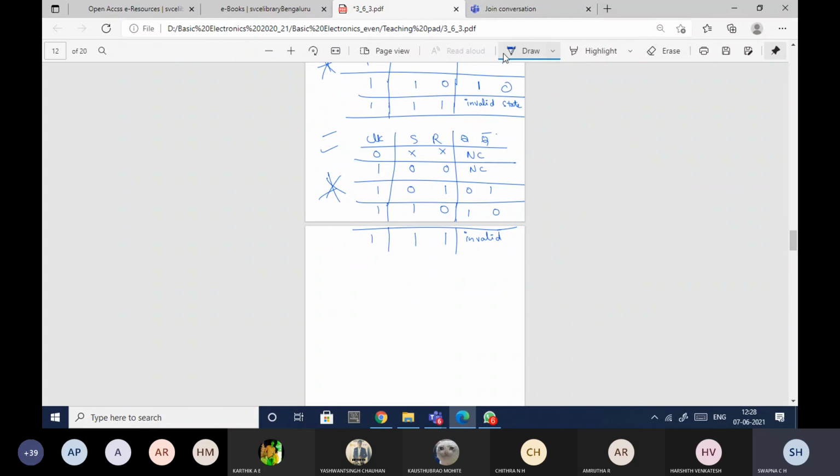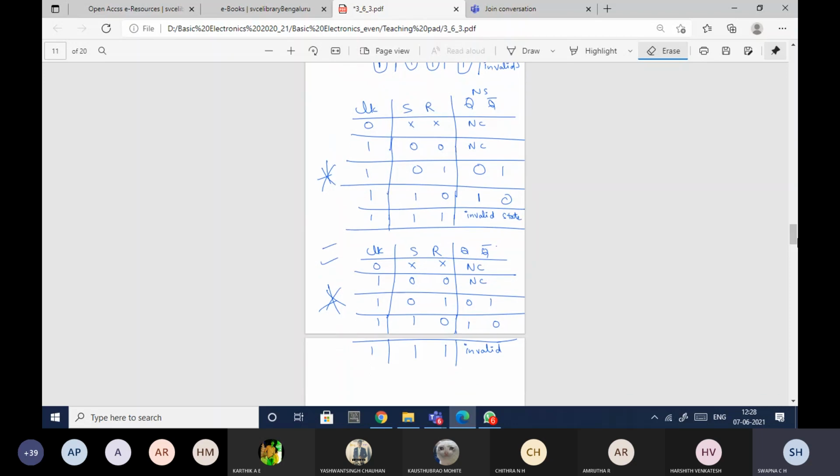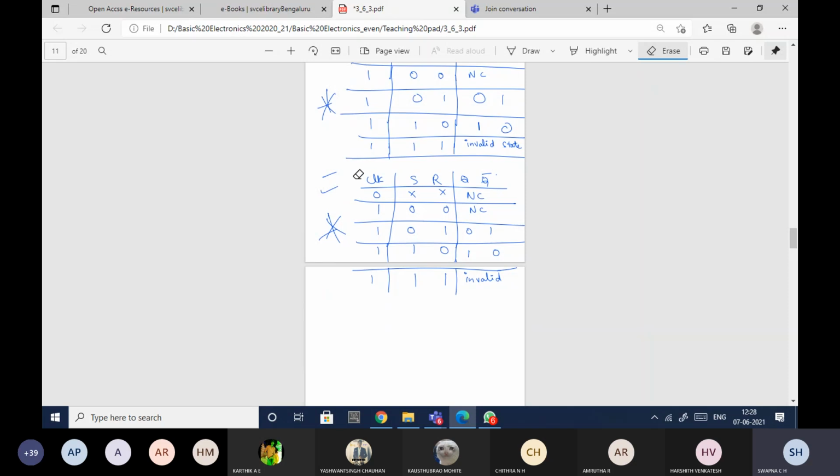So finally, if you observe, in all SR latch, SR flip-flop, either you are using NAND gate, NOR gate, irrespective of all that, this is the truth table you have got. So this truth table is for your SR latch and SR flip-flop. You should always remember this truth table.